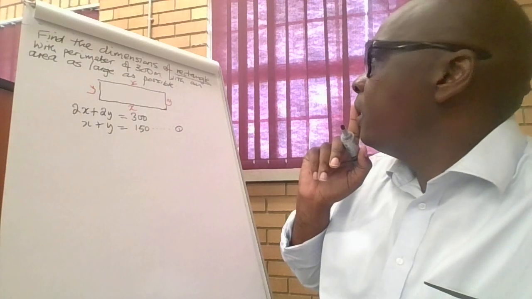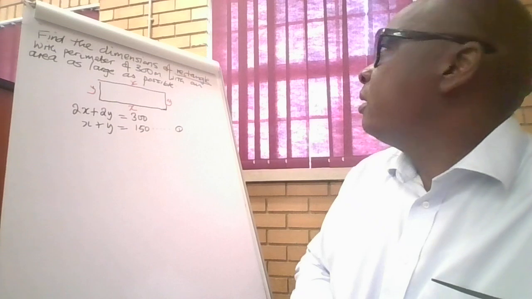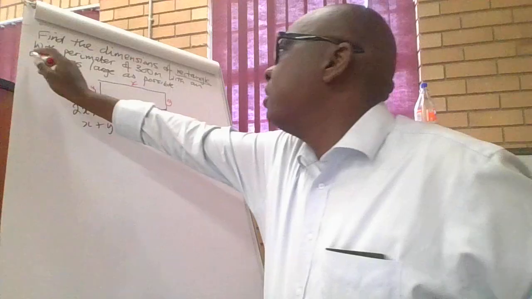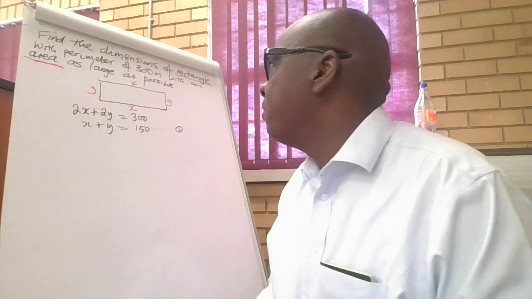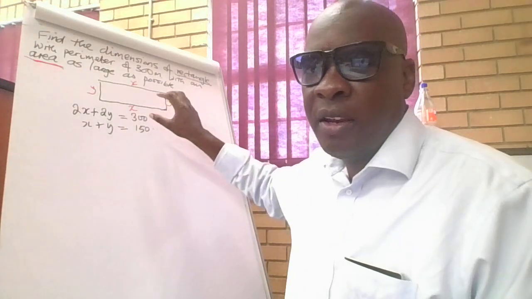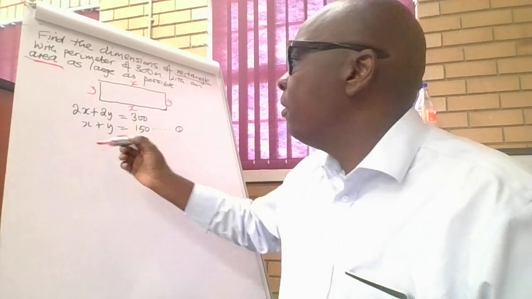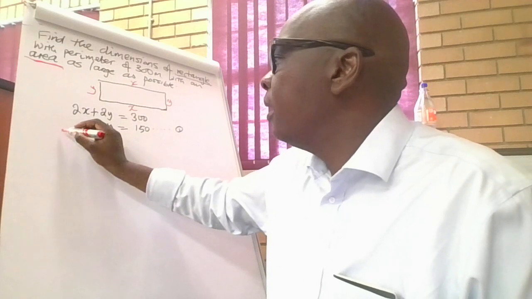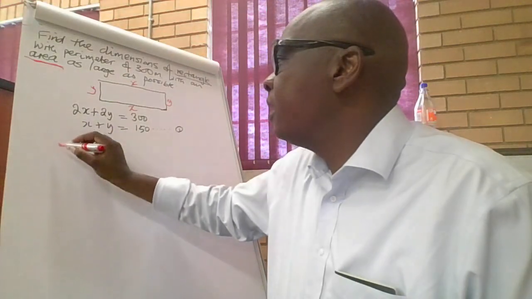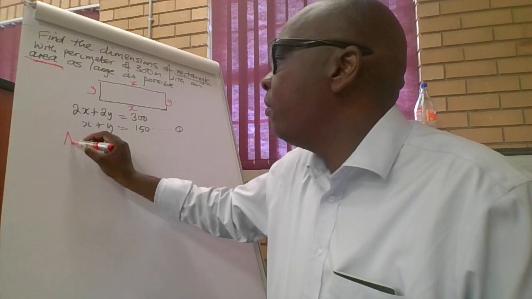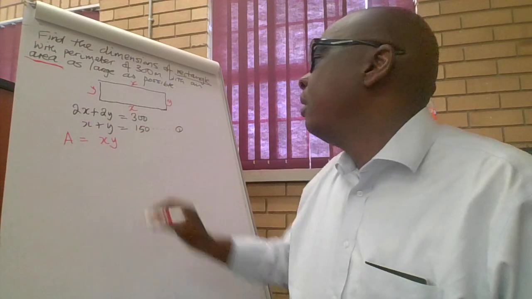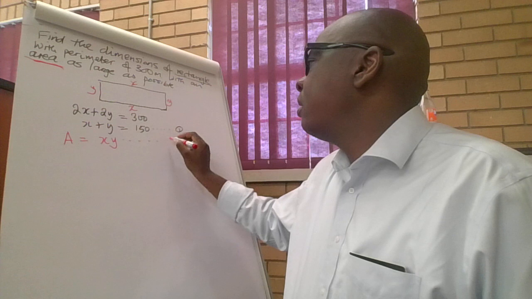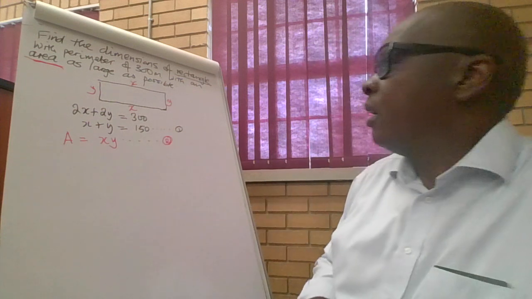Now, the question then spoke of area. It says I must find the dimensions that will give me the maximum area. So the next question I should ask myself is, how do I calculate the area of a rectangle? If I denote the area with the letter A, the area of a rectangle is given by x times y. So this is another equation that I have.